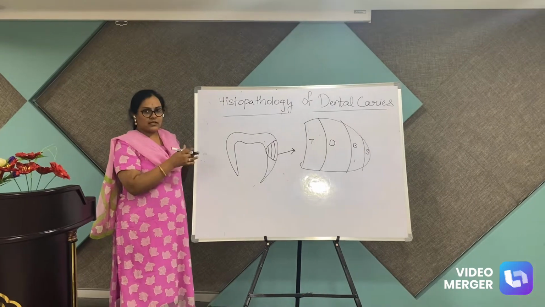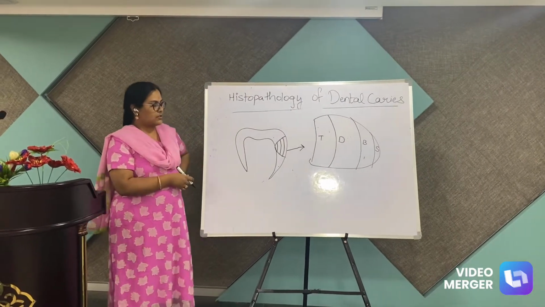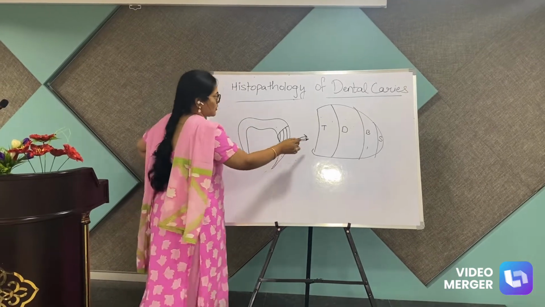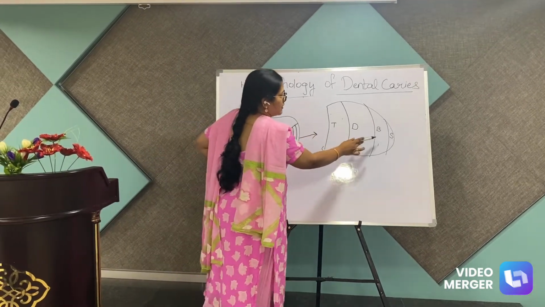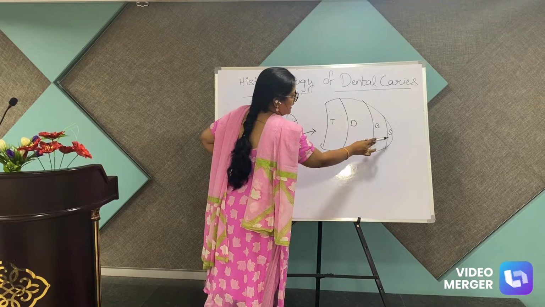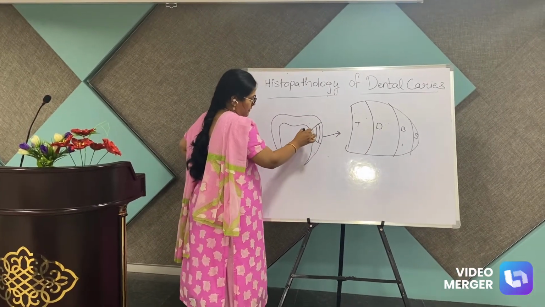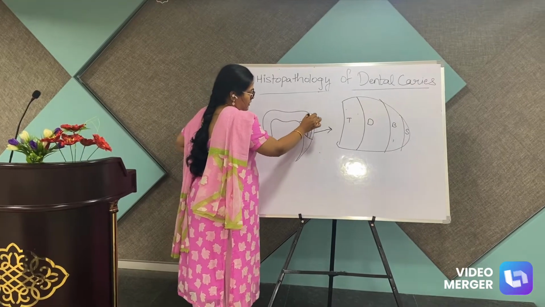Those zones are categorized as the translucent zone, the dark zone, the body of the lesion and the surface zone. So basically these zones are from the DEJ to the external surface.